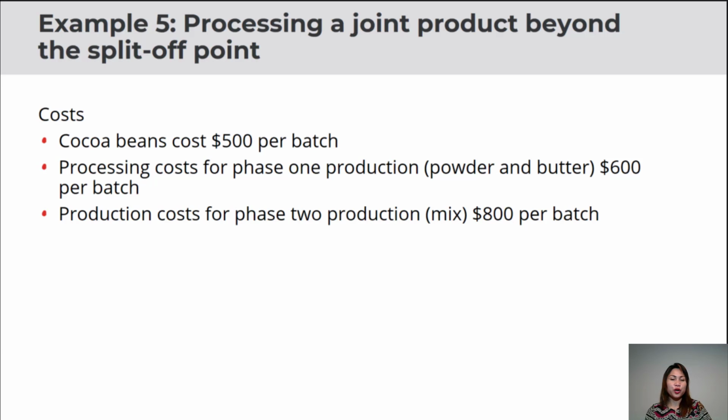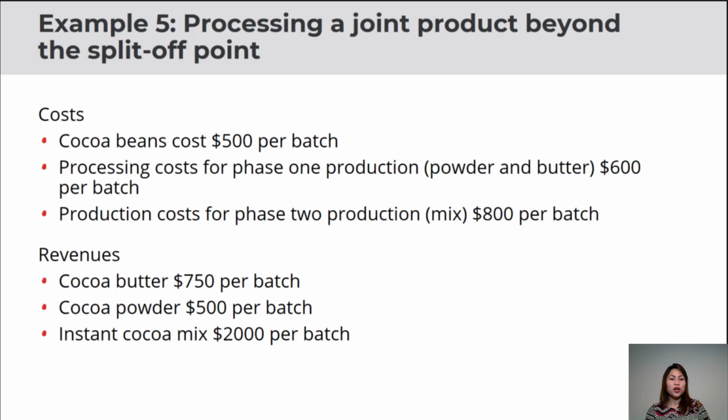Therefore, your cost up to the end of phase 1 production is the joint cost. So how much is the joint cost? $600, that is phase 1 production per batch, plus the direct material $500 per batch for cocoa beans put in the production. Remember, joint cost is not relevant.